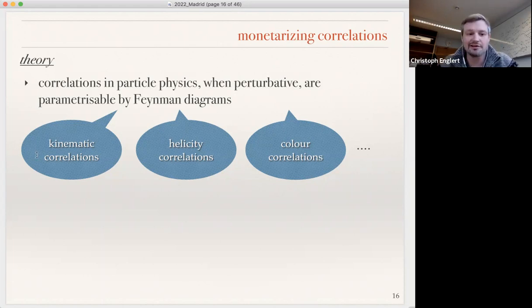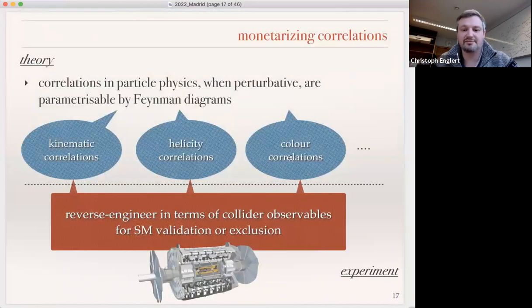So they include kinematic correlations, so we know exactly how the top quark should decay in a statistical sample, how it will appear in terms of helicity correlations. We know what the color correlations are. And then the whole idea of collider physics and the task for our experimental colleagues is just to essentially reverse engineer that whole process.